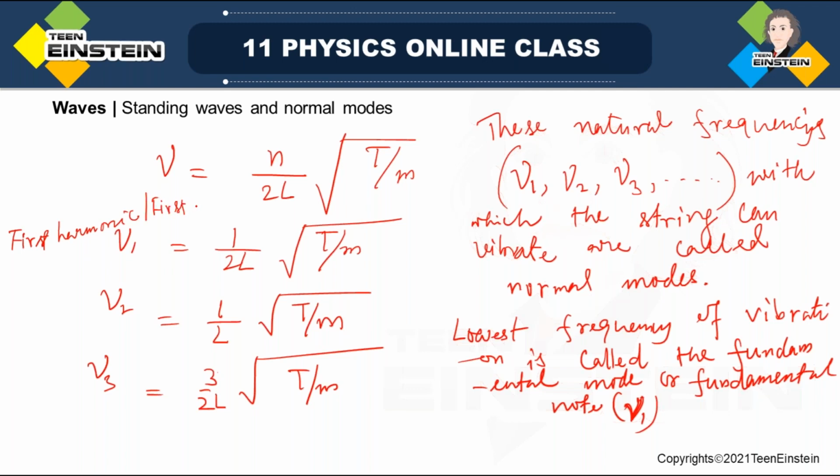Nu2, that is the second normal mode, is called the second harmonic or second overtone. Like that, many harmonics will be obtained.